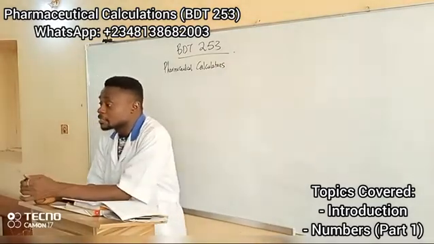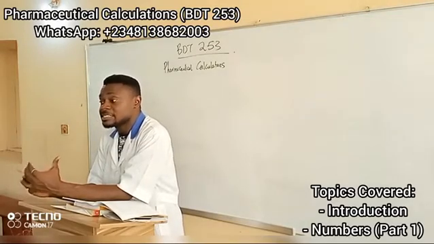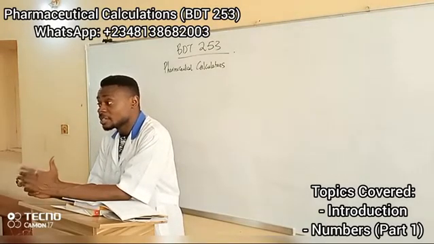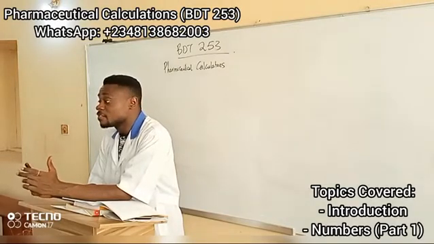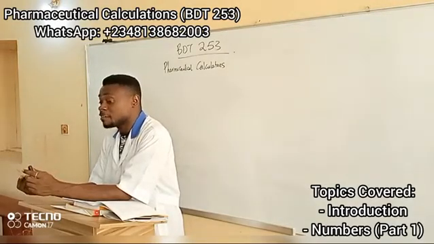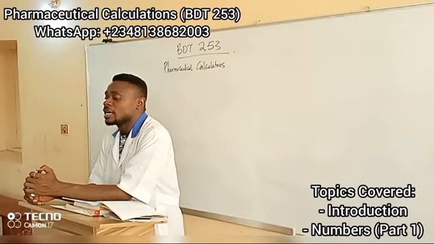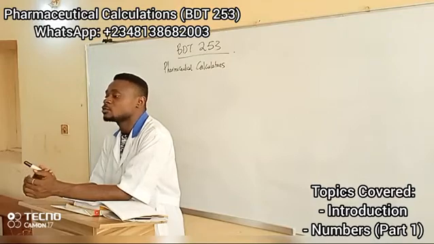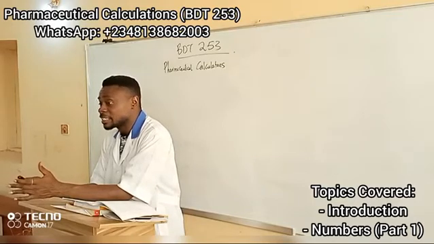It's applied because the concept of chemistry is there, mathematics is there, physics is also there, even some aspect of biology is also there. So by the time we start treating some topics, you will understand why I say chemistry, physics, mathematics, and biology.